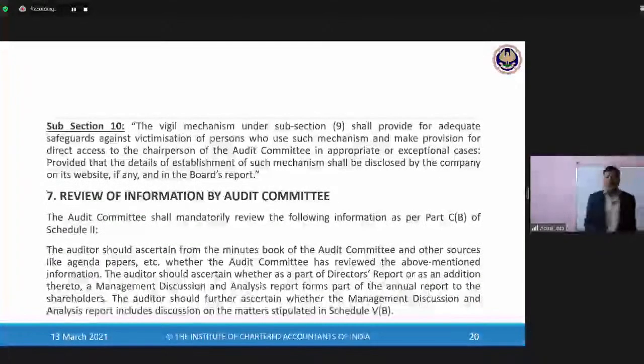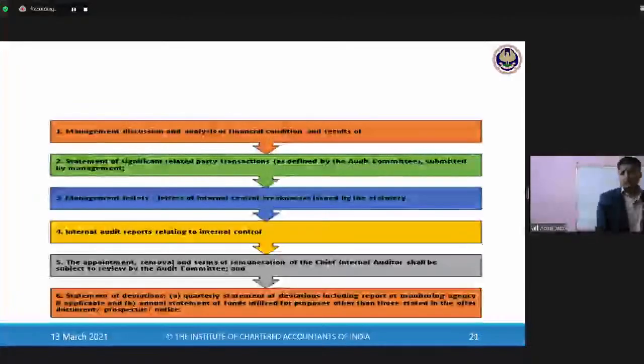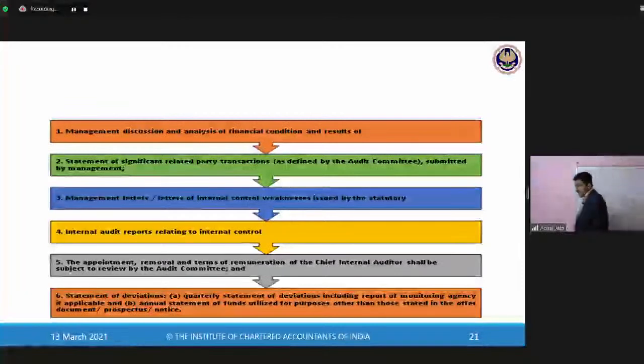Now moving on to the review of information by the audit committee. So let's understand what is this requirement related to review of information. Now the audit committee shall mandatorily review the following information. Let's understand what is this information. And many of these things again you will find similar to what we have already discussed.